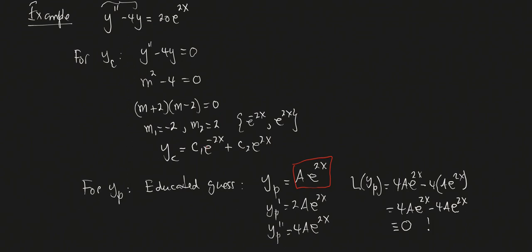Essentially, look at the terms that make up the kernel of this differential operator. Any function of this form, a constant times e to the negative 2x, will always produce 0. Similarly, any function of the form a constant times e to the 2x, which is what we have here, will always produce 0. So that's what we're working with.